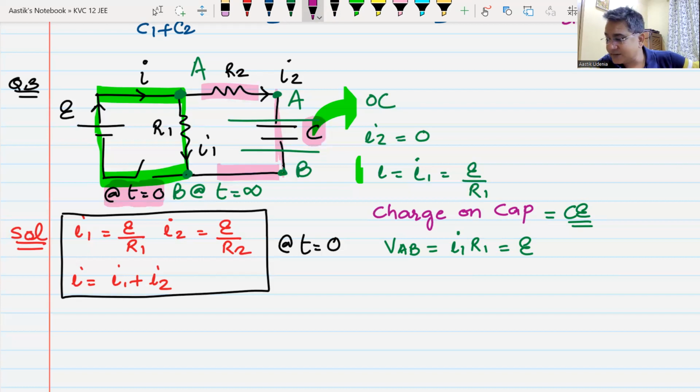Do we understand this? I'll give you 2 minutes to note this down. Once you are done, please let me know.